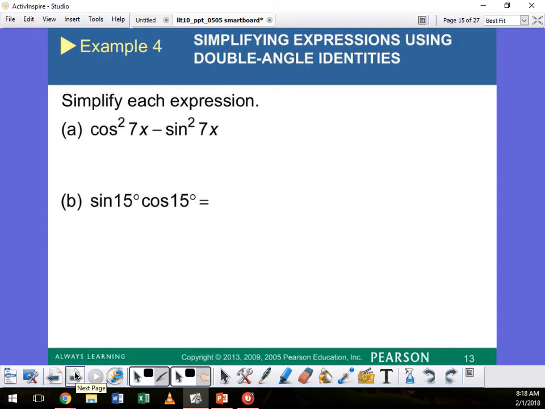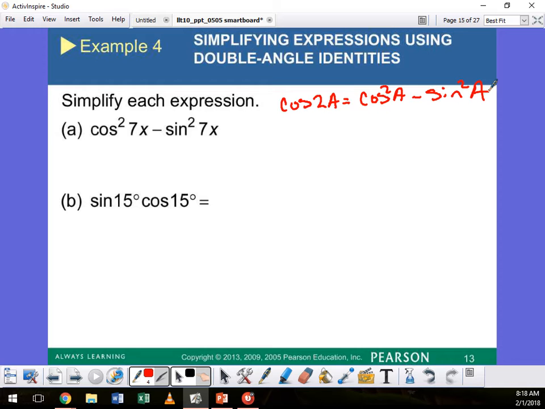So this is my cosine of 2a is equal to cosine squared a minus sine squared a. So I'm matching this to a formula.